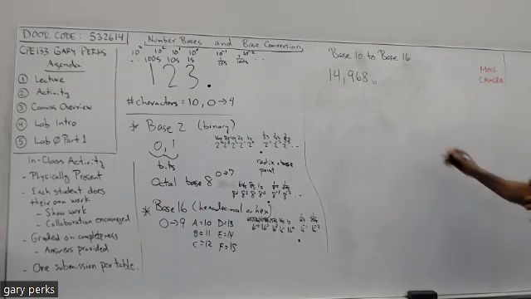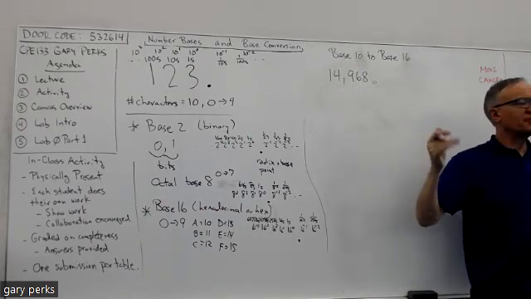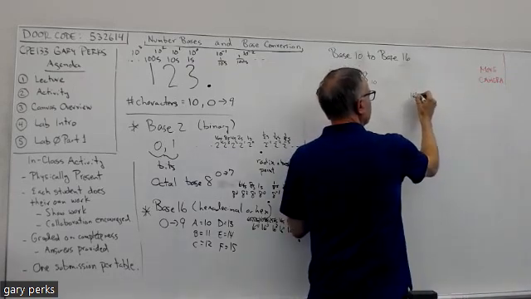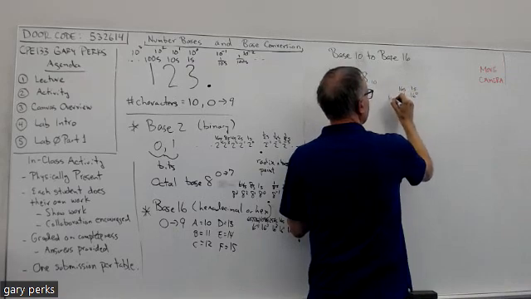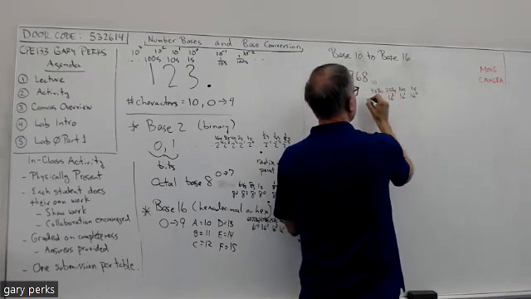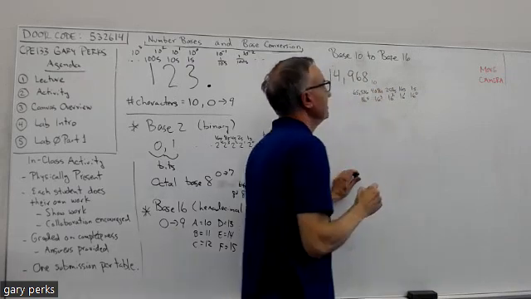So again, I would write out what the columns are worth for base 16. So 16 to the 0, how many ones? 16 to the 1, how many 16s? 16 squared, how many 256s? 16 to the 3, how many 4,096s? And then 16 to the 4th power, that's 65,536.